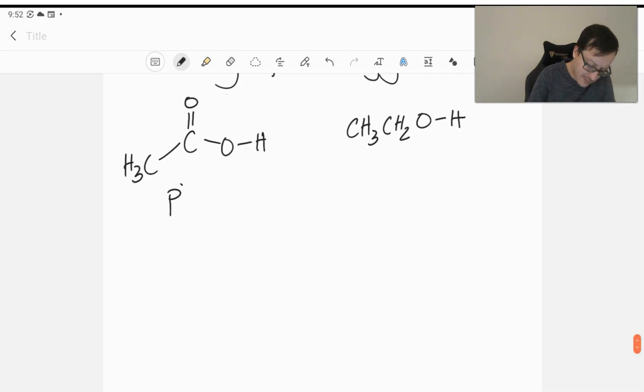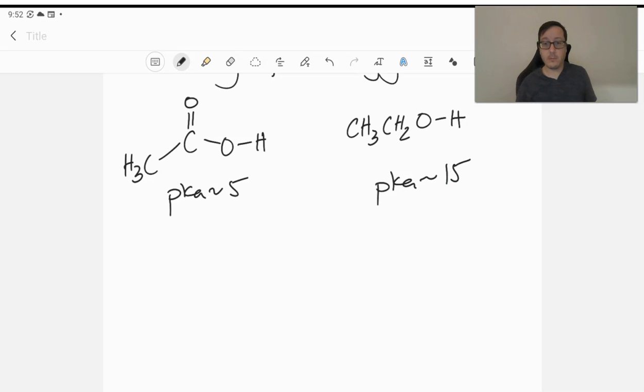The pKa of acetic acid is around 5, and the pKa of ethanol is around 15. If we look at the bond strength and the bond polarity, they're roughly the same because these are all O-H bonds. But the pKa of the acetic acid is much lower than the pKa of ethanol.